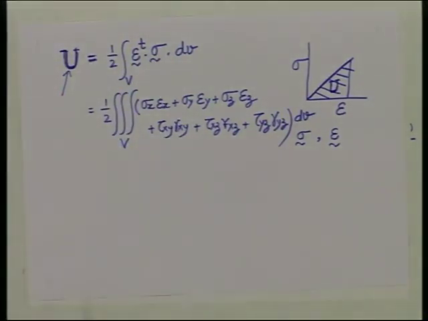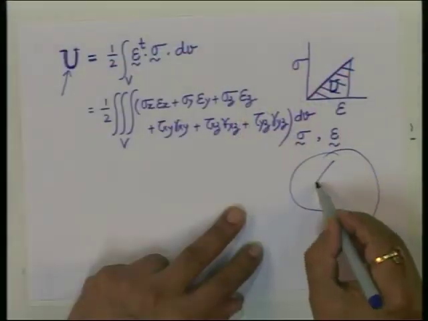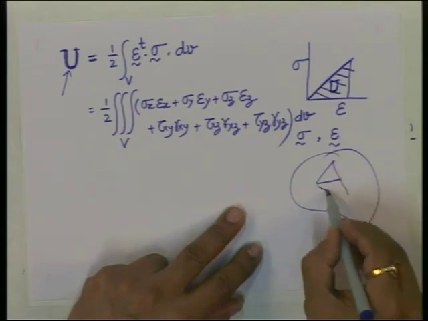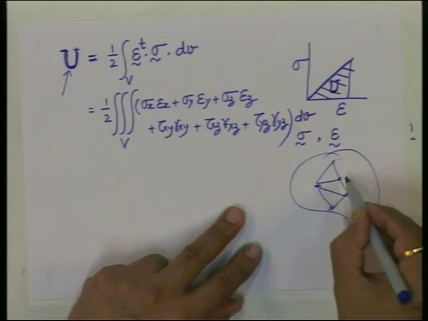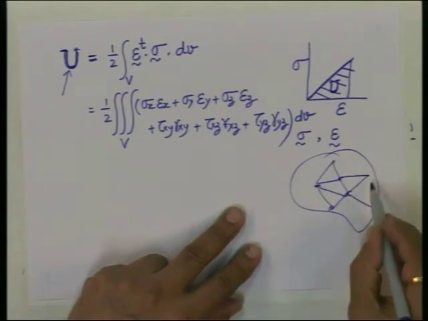If now I want to do finite element, the whole body is discretized into a number of smaller bodies, sub bodies, sub areas, all interconnected.